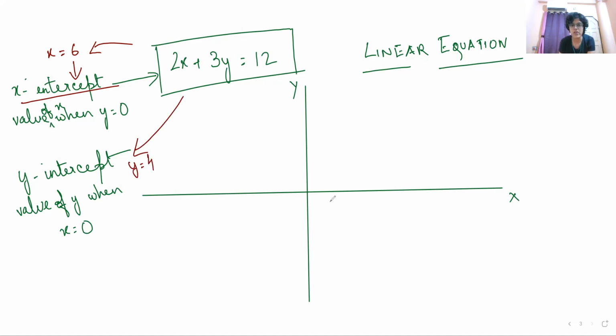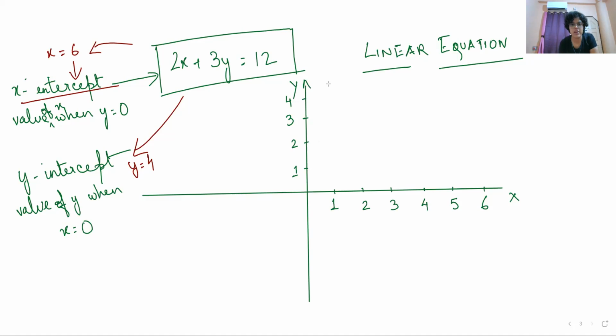Now it's simple, we just plot it here. So we have, let's say 1, 2, 3, 4, 5, and 6. We have 1, 2, 3, and we can go more obviously. Okay.